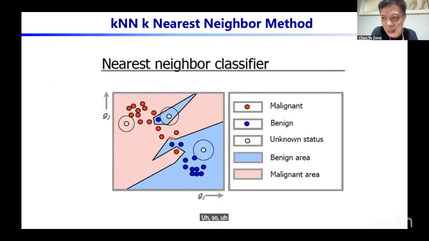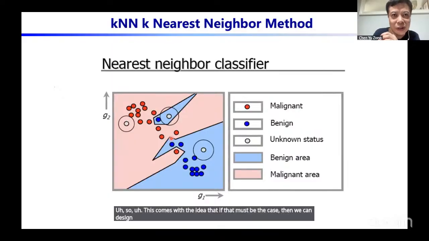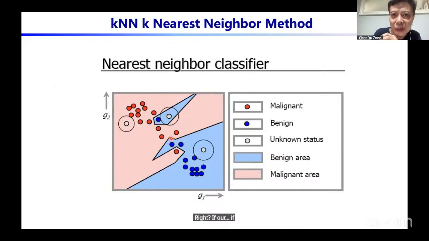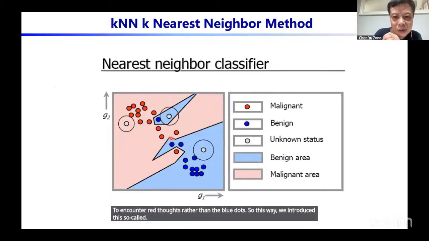So this comes with the idea that we can design an algorithm in such a way that we simply look at our neighbors. If we are supposed to be in the pink zone, then our neighbors should have more possibility of being red dots rather than blue dots. So this way we introduce the so-called nearest neighbor classifier.